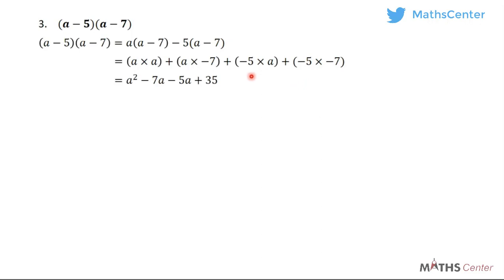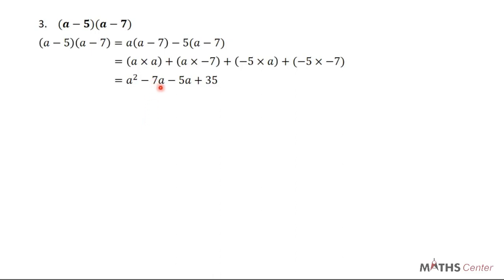Then let's continue. We know that a times a will give us a squared. A times minus 7 will give us minus 7a. Minus 5 times a is going to give us minus 5a. And minus 5 times minus 7 is going to give us 35. So from here, we proceed by simplifying further.